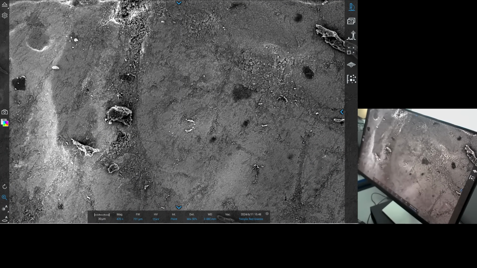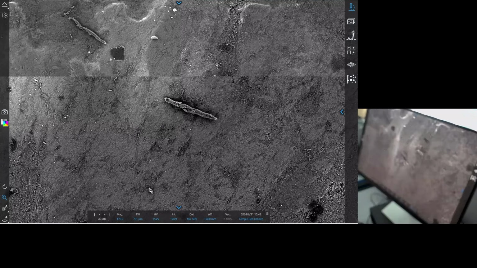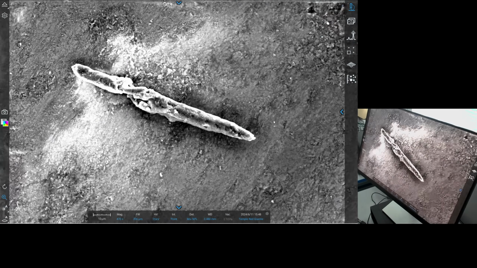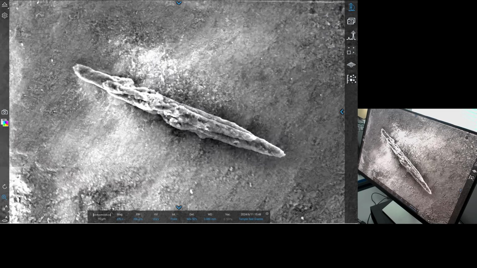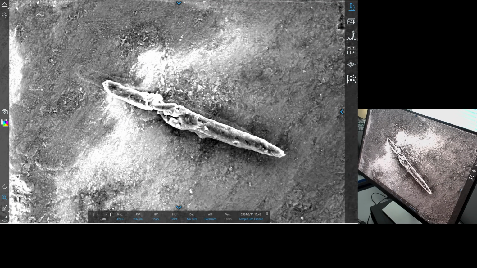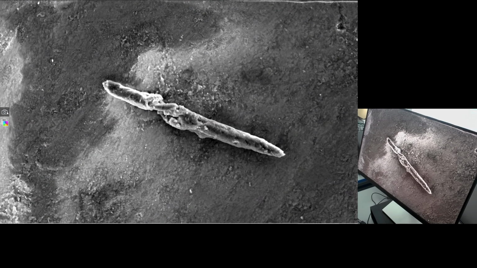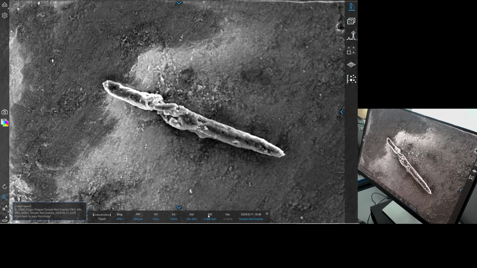Where are they? Here. And there's another one. So what are these little slugs? Let's see if I can get an image. Too bright. Can I get an SEM?